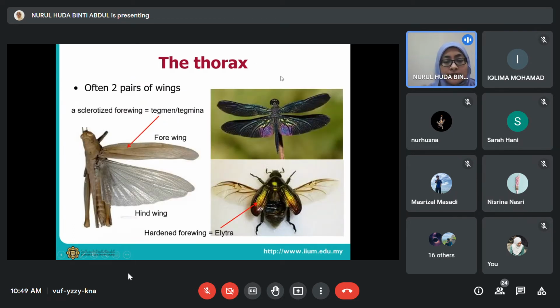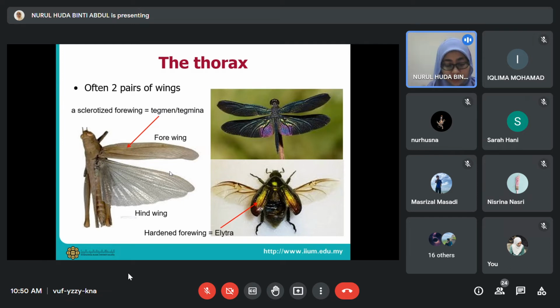Okay, in the thorax, there are always 2 pairs of wings. We call them forewings and hind wings. But remember, the 4 wings situation is not similar to the 4 legs. Even though we give the name 4, the forewings are actually located on the mesothorax.